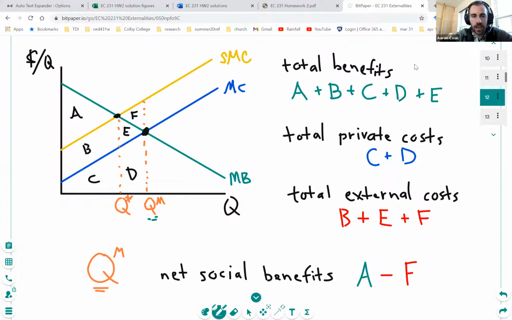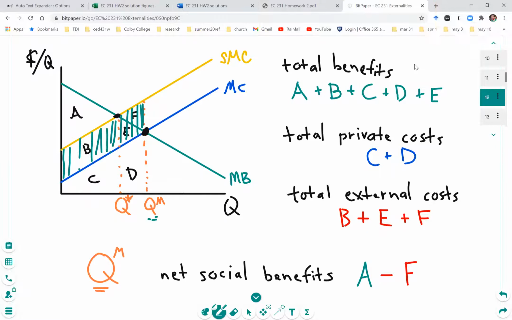And then the external costs are represented by the areas between the social marginal cost and the private marginal cost curve. So this entire parallelogram represents the total external costs associated with QM units of production.